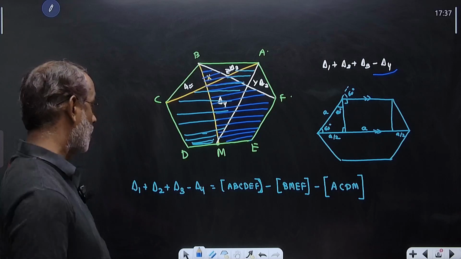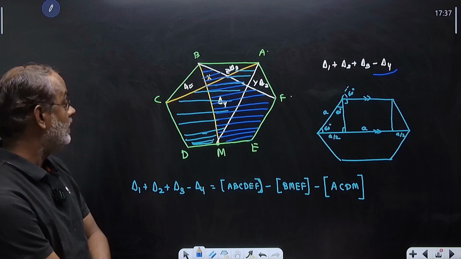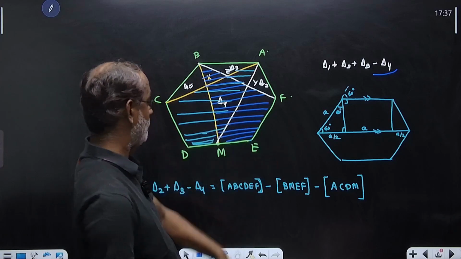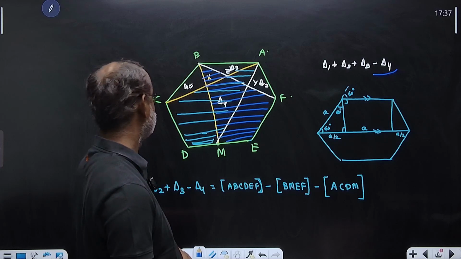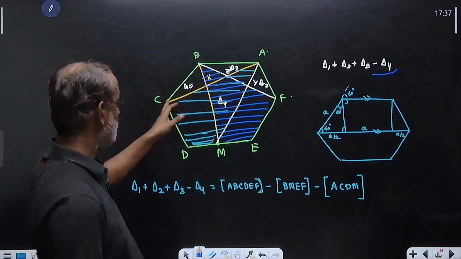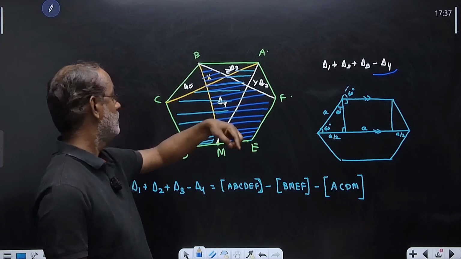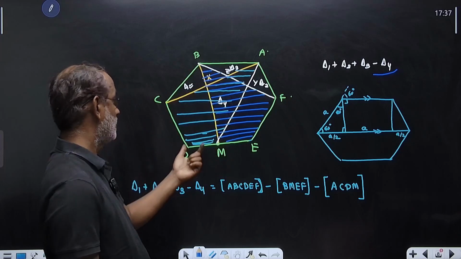Isn't it? Now, this we know the area of. By symmetry we can say area of BMEF and ACDM are equal. The diagonals are equal in length, this is common, this is half, this is half.